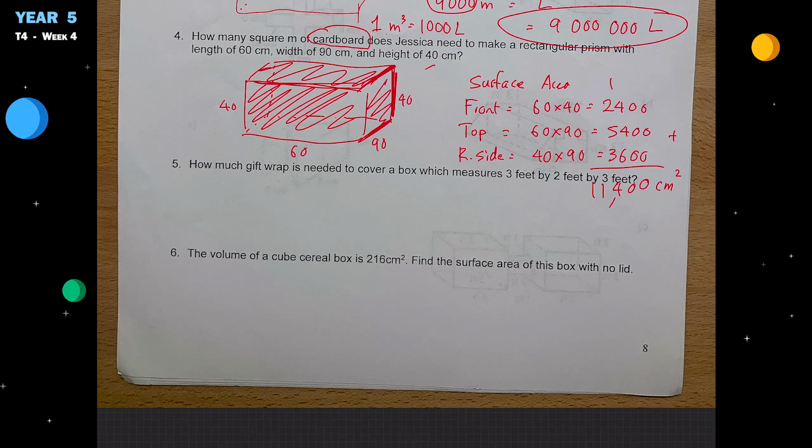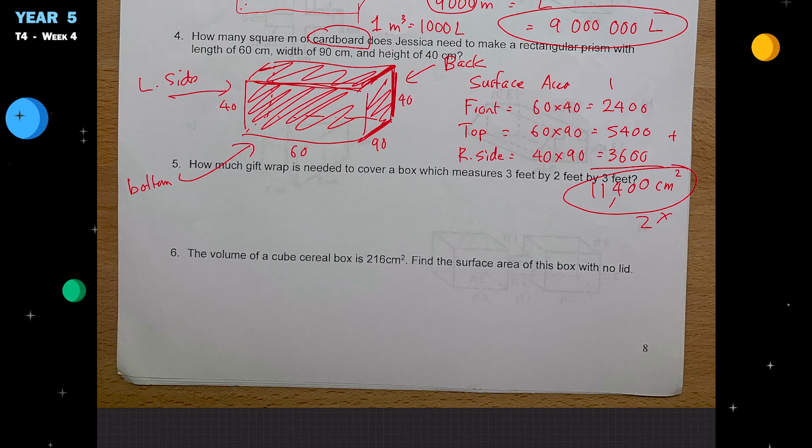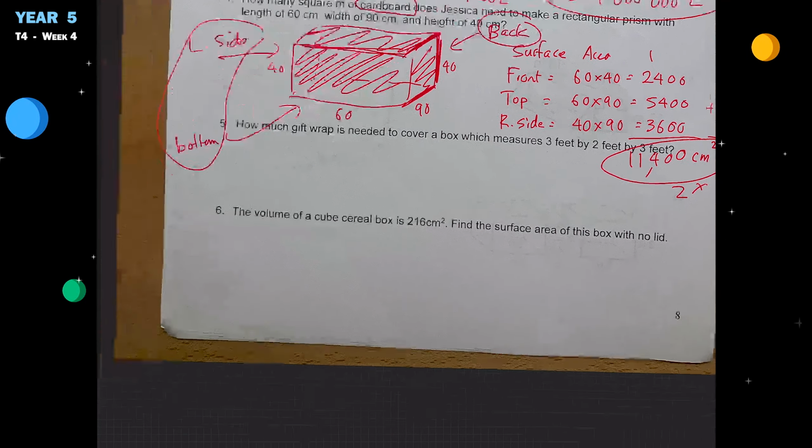We haven't included the back, the left side, and the bottom face. So we take this number and times it by 2, because all of these add up to be the same as what we just had, which is 11,400. So 11,400 times 2 gives you the answer.